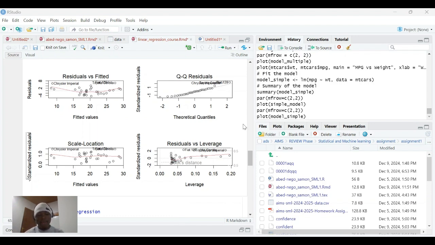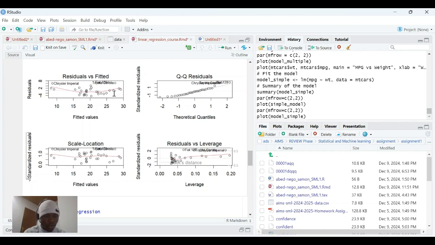So in this case, we cannot be really sure. As I said earlier, the model is statistically significant, but while checking the assumptions, we see that there are some things that are not really okay.